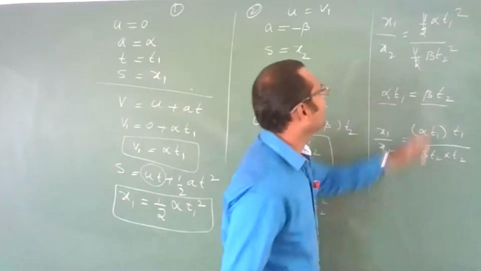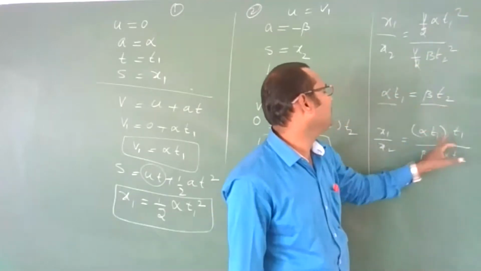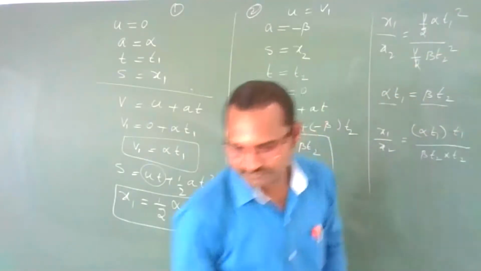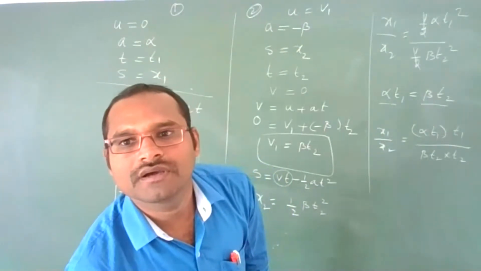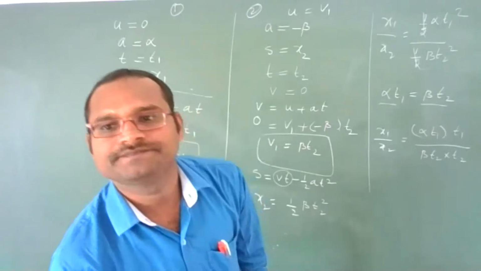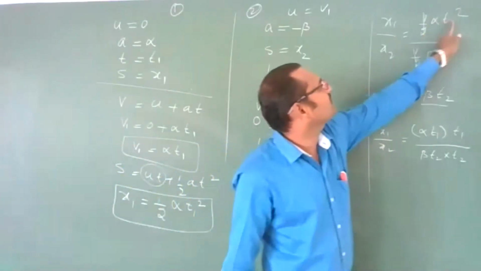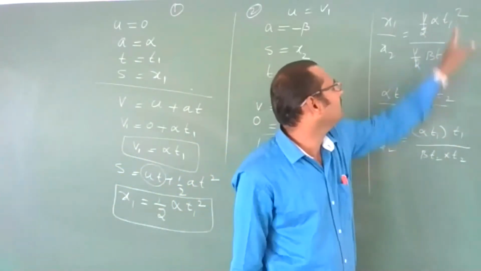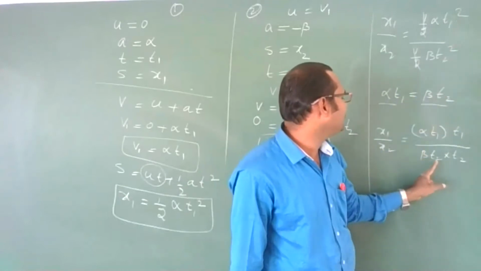Alpha t1 square we can write as alpha t1 into t1, and beta t2 square we can write as beta t2 into t2.